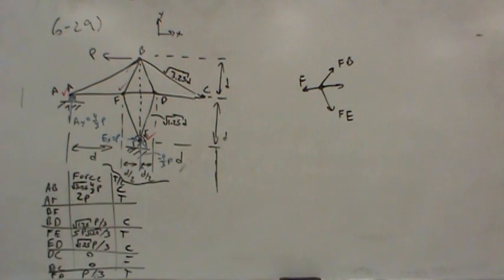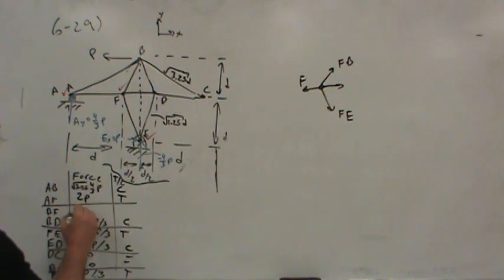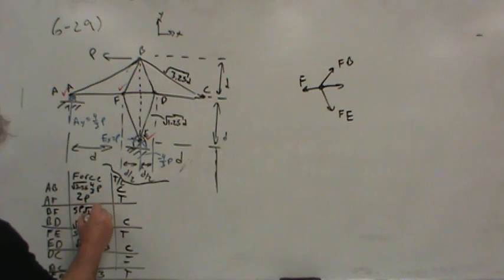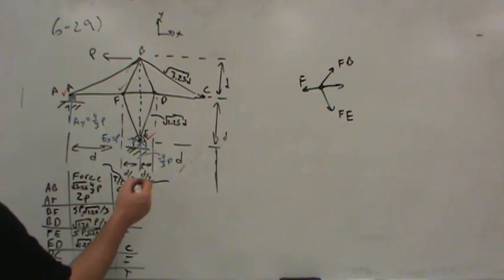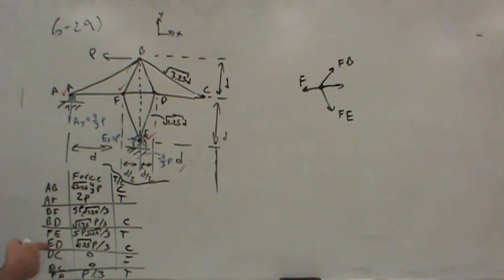I neglected to fill it in the table. So BF I didn't fill in, but I did fill in FE. So I should have put 5P root 1.25 divided by 3 here, and then noted that it would be the same as FE in terms of tension or compression. So there we go. All right, so now our table is completely filled in.